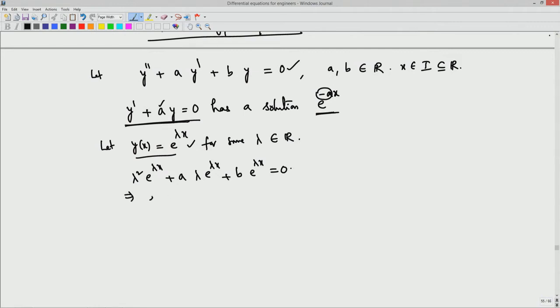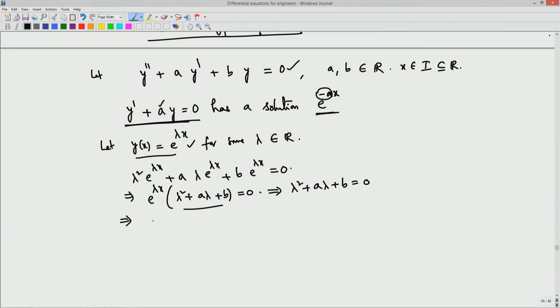This gives e power lambda x times lambda square plus a lambda plus b equal to 0. Since the exponential cannot be 0, this factor has to be 0. So, lambda square plus a lambda plus b equal to 0.